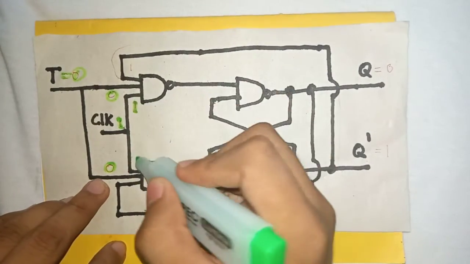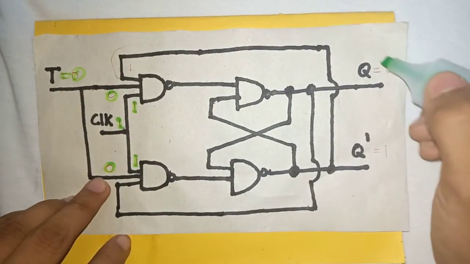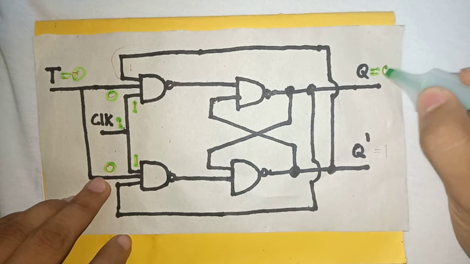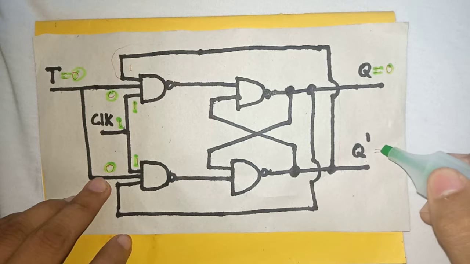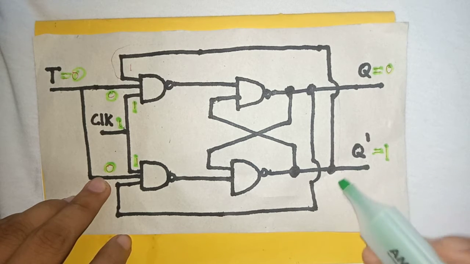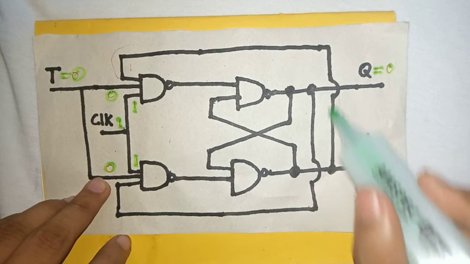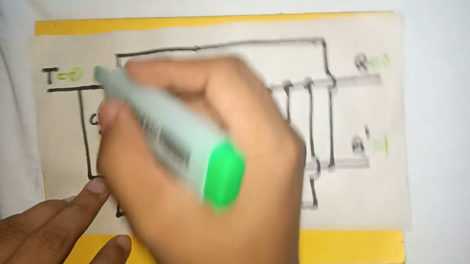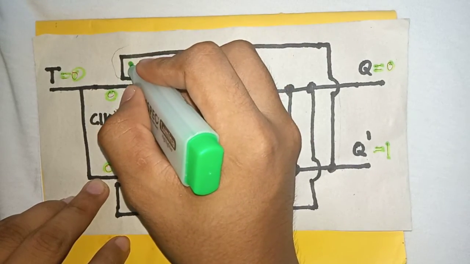So here we have 1. Also, we assume that the output here is 0, so of course the inverted output is equal to 1. Since the Q prime is the input of our first NAND gate, we also have 1 here.